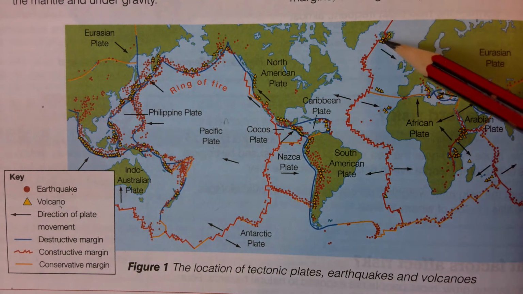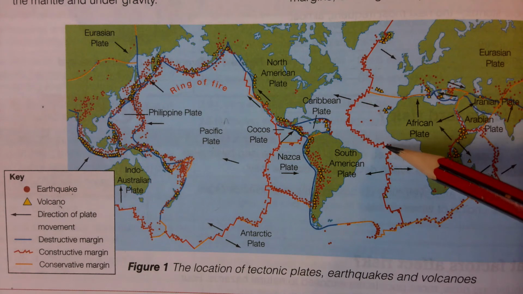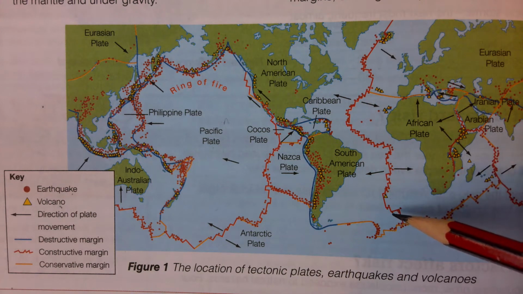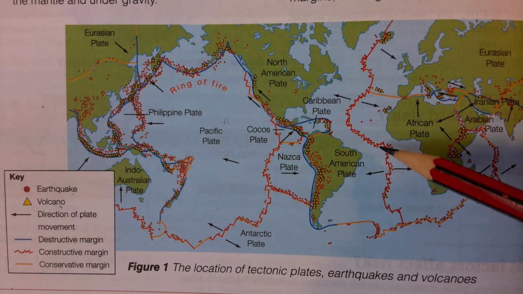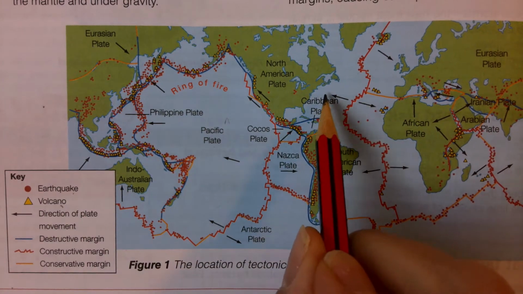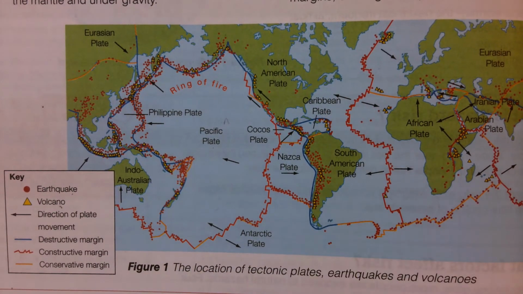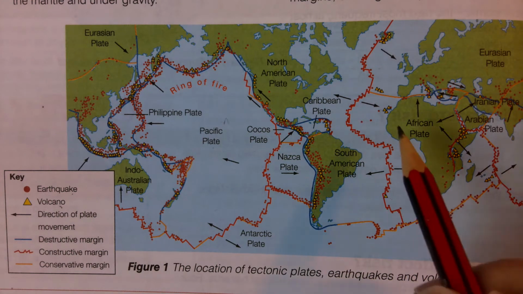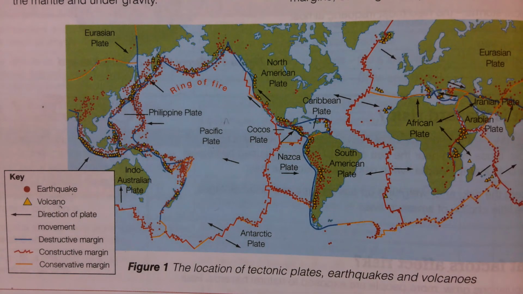The Mid-Atlantic Ridge, running surprisingly down the middle of the Atlantic, also demonstrates this pattern, with volcanoes and earthquakes occurring along it. Where you have plates moving apart, like at the Mid-Atlantic Ridge, that is called a constructive margin, where new crust is being formed and you'll get some volcanic eruptions.